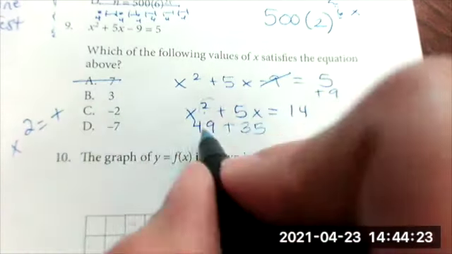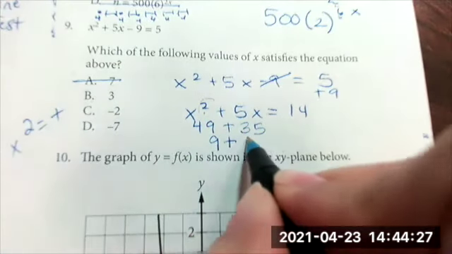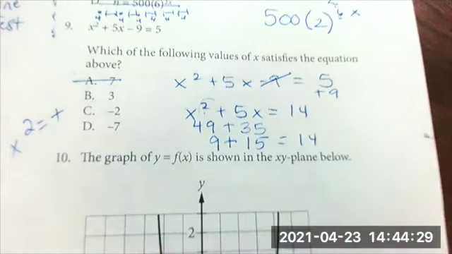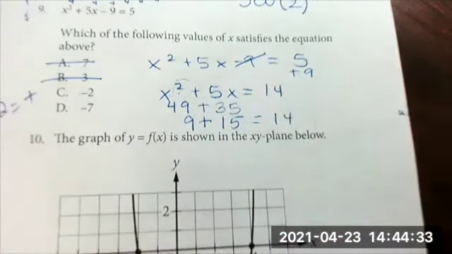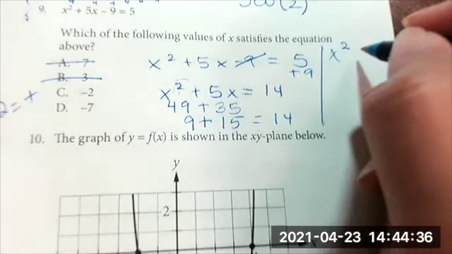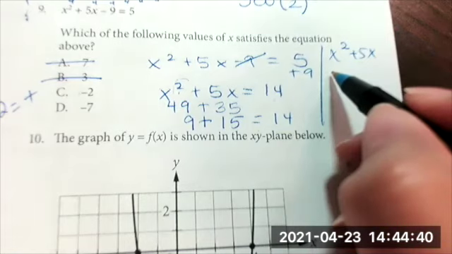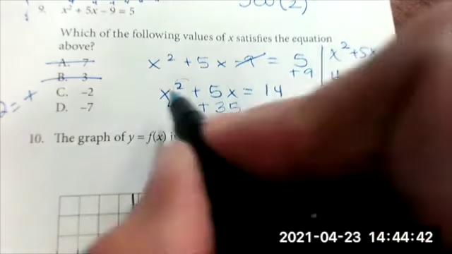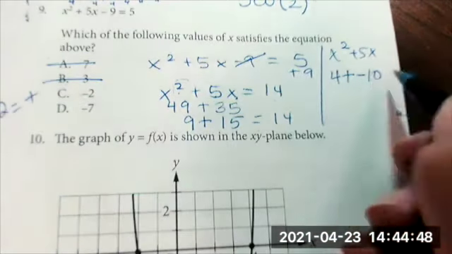Let's do 3. We're plugging in every single one of them. 9 plus 15 equals 14. And nope, 9 plus 15 is more than 14, so no. And then we do it again. And it has to give you 14. So this is 4 plus 5 times x, 5 times negative 2 is negative 10.